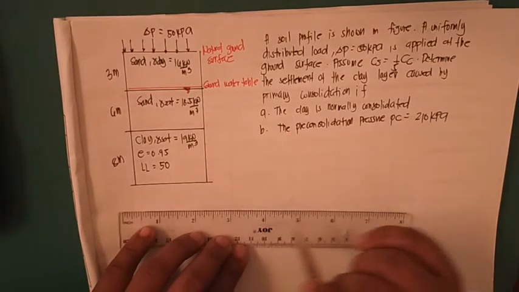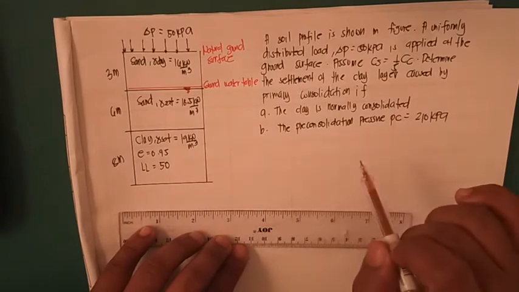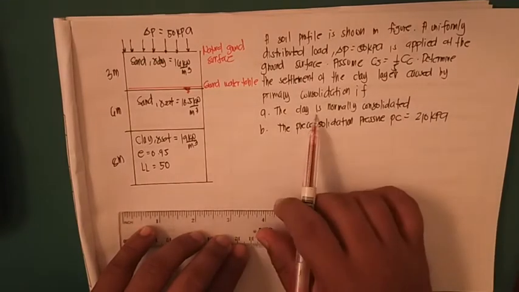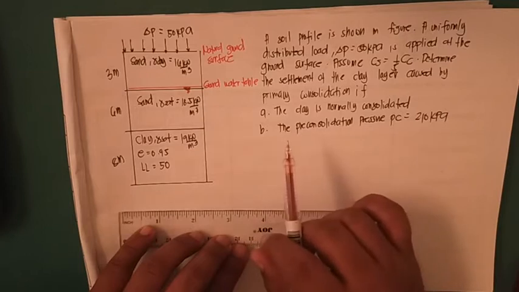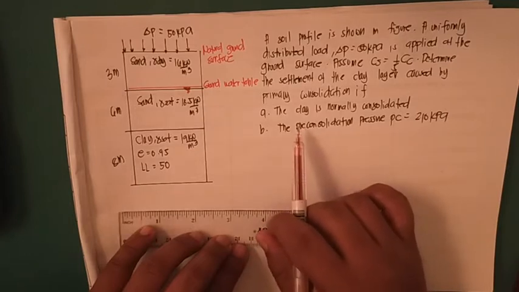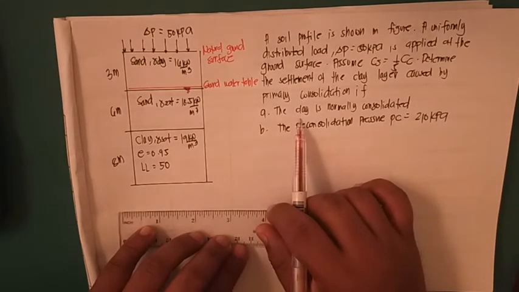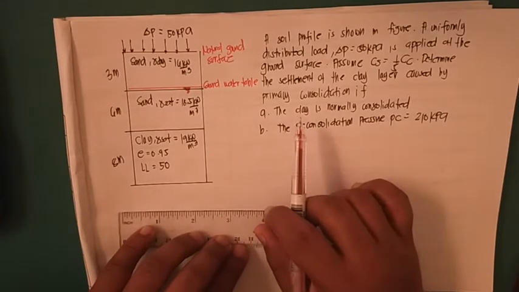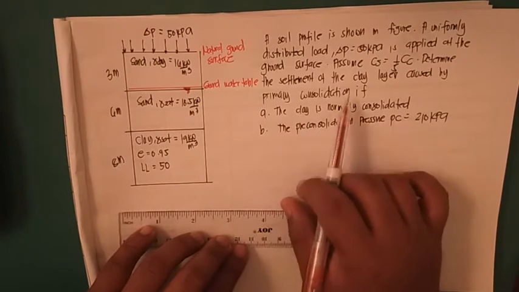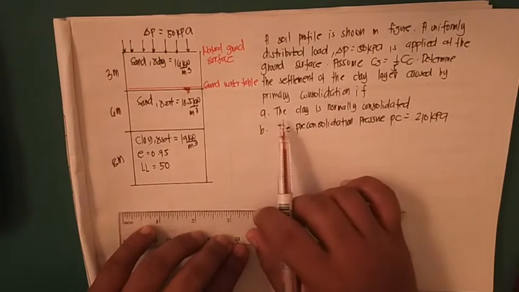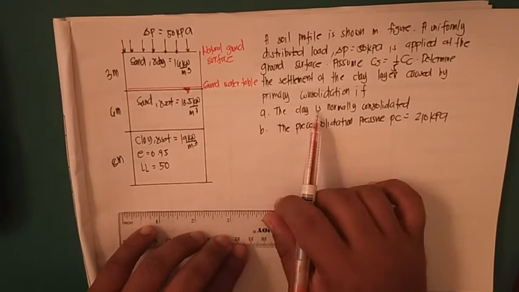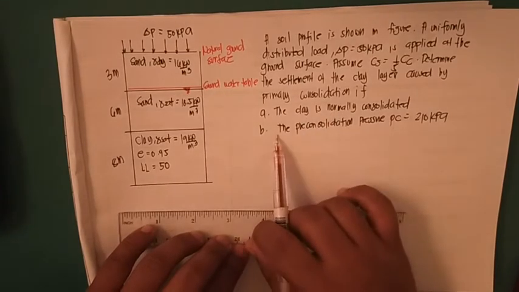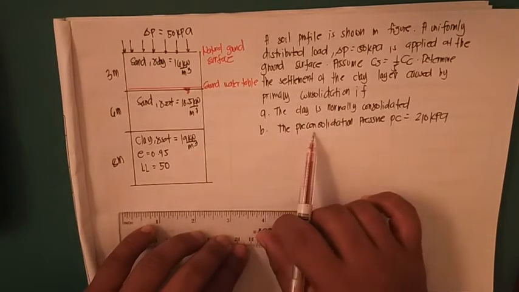Or in the previous problem that we solved, the same formula will be applied here because we are not required to compare the value of PF and PC. Meaning, for letter A, it's normally consolidated. It's already stated. But for letter B, you are given the pre-consolidation pressure.